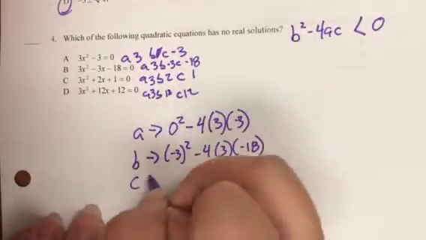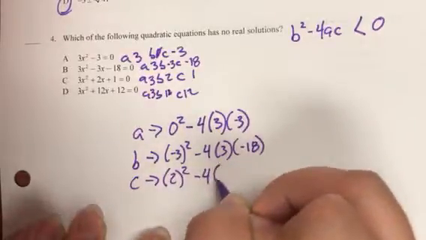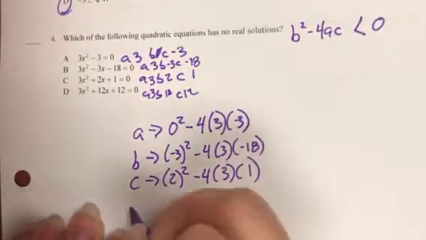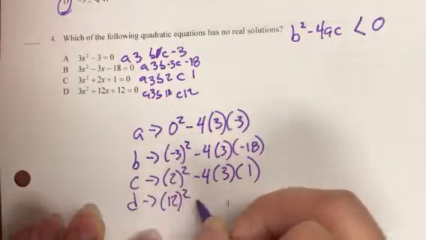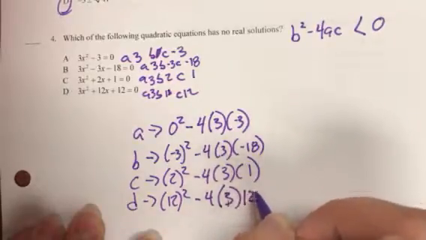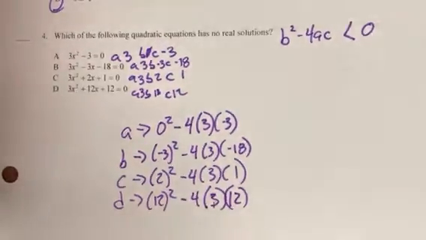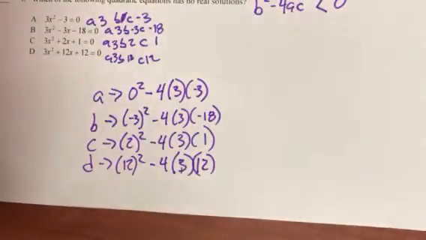My C is 2 squared minus 4 times 3 times 1. D is going to be 12 squared minus 4 times 3 times 12. So I have to type in all of those to figure out what the right answer is going to be.